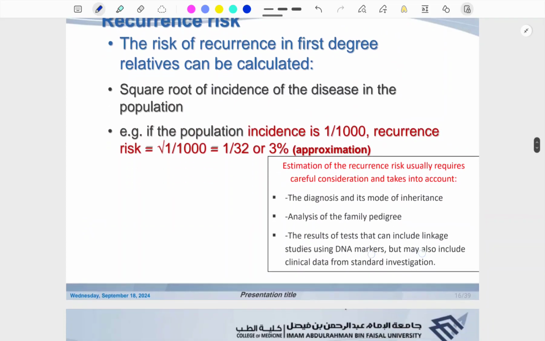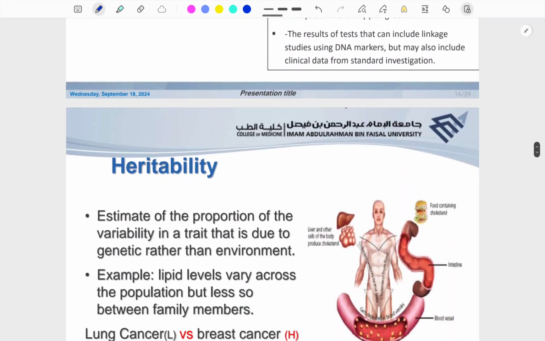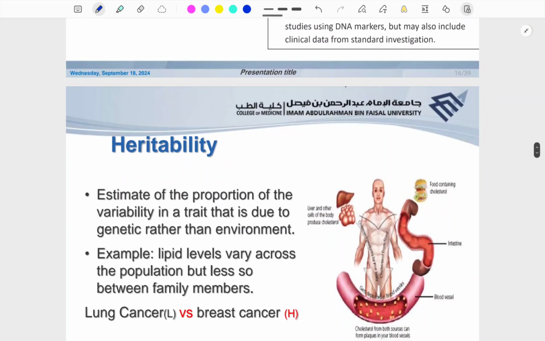So you expect them to be similar. Lung cancer is low heritability, mainly environmental, due to smoking. Breast cancer has very high heritability. Is it due mainly to genes? The breast cancer genes, and we have plenty of breast cancer genes.